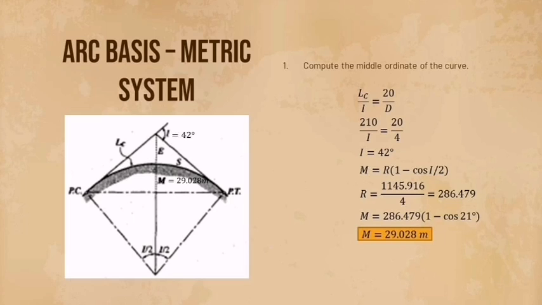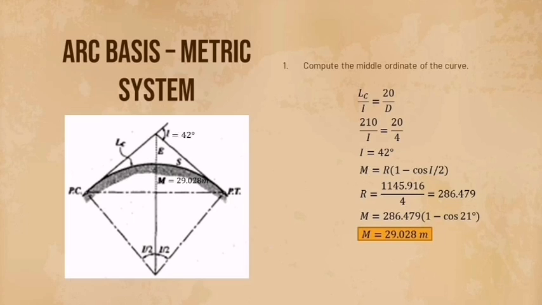Now we will get the middle ordinate. Here is the formula for it. Middle ordinate equals radius times 1 minus cos of the angle of intersection over 2. We must get the value of radius R in this problem. R equals 1145.96 over 4, using the formula for the radius of the arc basis metric system.